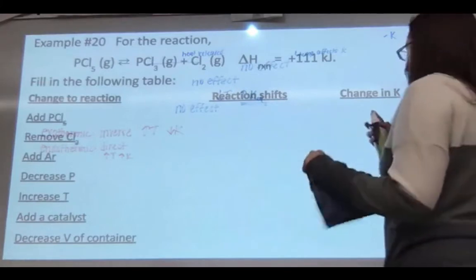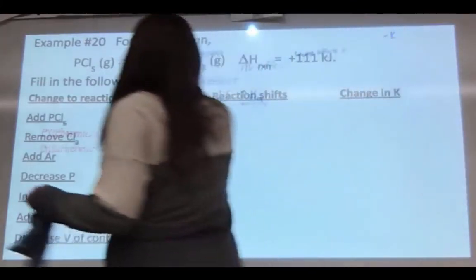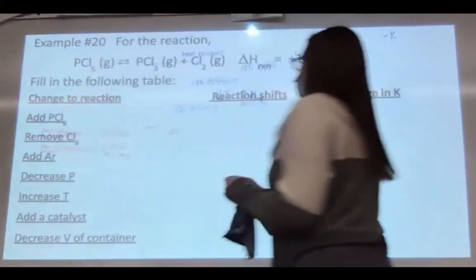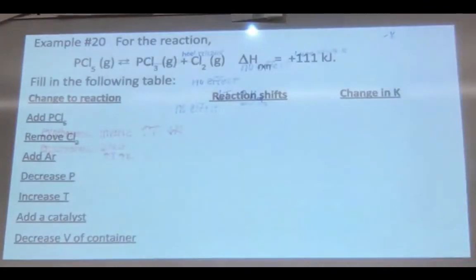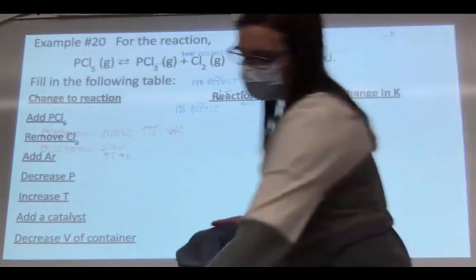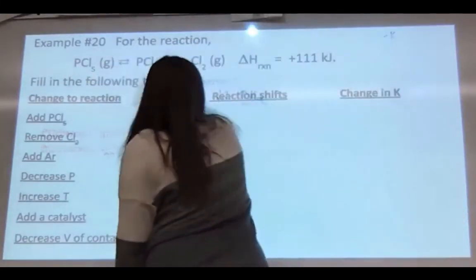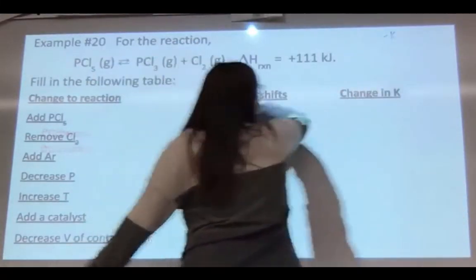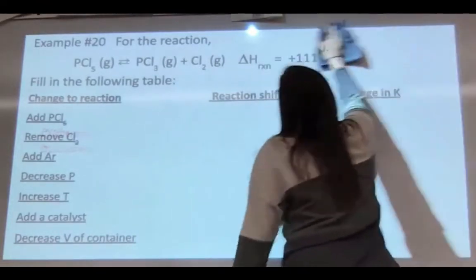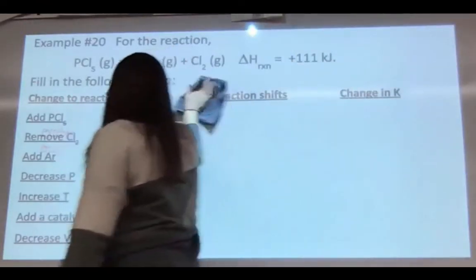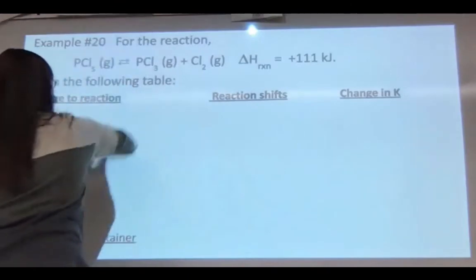So here's what I want you to do: see if you can see how the reaction shifts. For reaction shifts, you really just need to say, does it shift right or does it shift left? Now, if it helps you to say reactants or products, that's fine. Just know that if it makes more reactants, it shifts left.